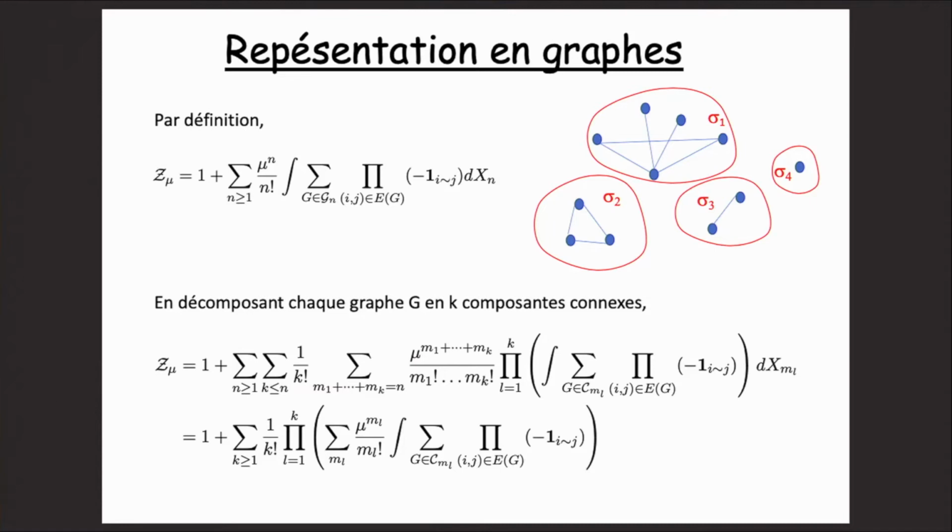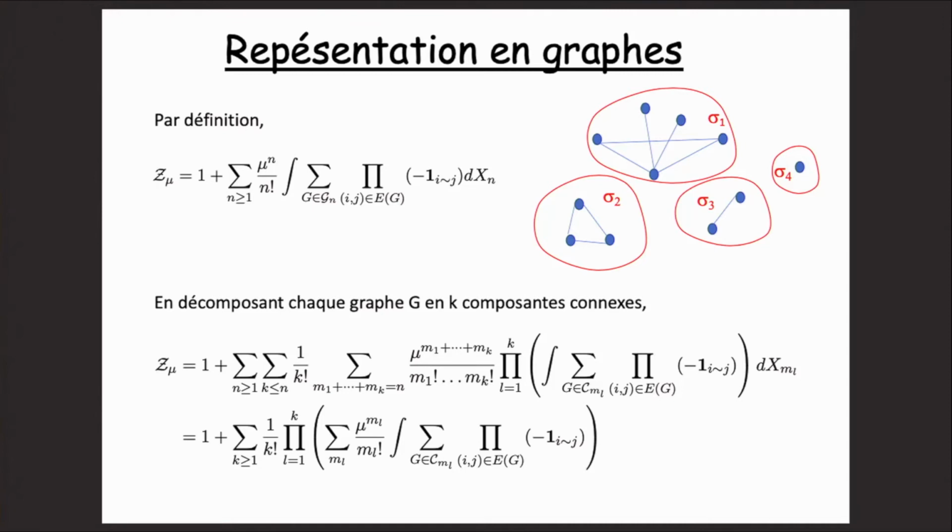M1, M2, M3, M4, up to Mk are the sizes of the different connected components. Then you have a combinatorial factor, which corresponds to choosing how you group the different connected components. And then inside each connected component, of course, you have the sum over all possible connected graphs of this.